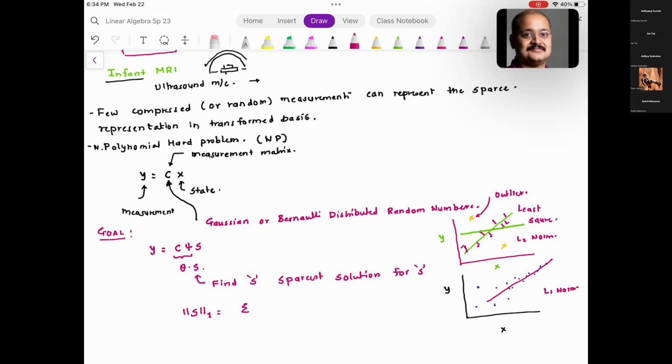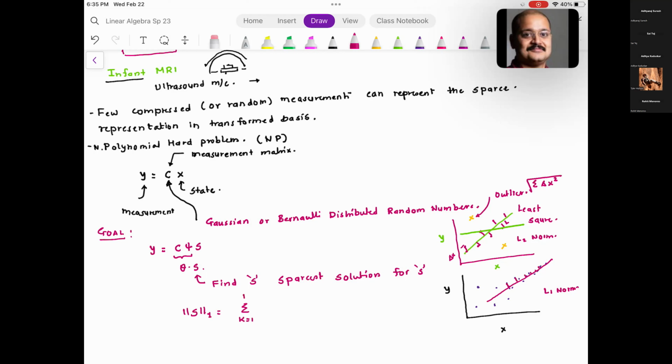If this distance is delta x1, delta y1, you will have all these delta x squares, then you sum, and then find the square root. But here, what we will do is find the absolute value of the error between the true value and the fit, and then take the summation from k equal to 1 to n.